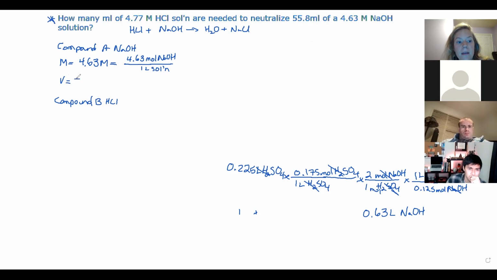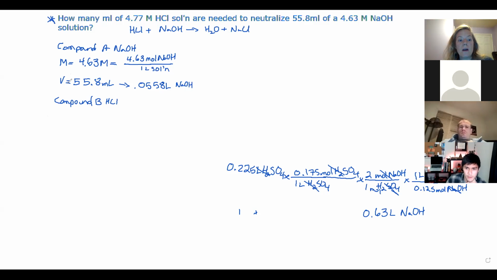The volume is 55.8 milliliters. Milliliter is not going to work in this problem because we're using molarities, which are in units of moles per liter. So I'm just going to, again, convert this right away into liters so I don't get confused. Move the decimal over 1, 2, 3 spots. So it should be 0.0558 liters, specifically of NaOH.